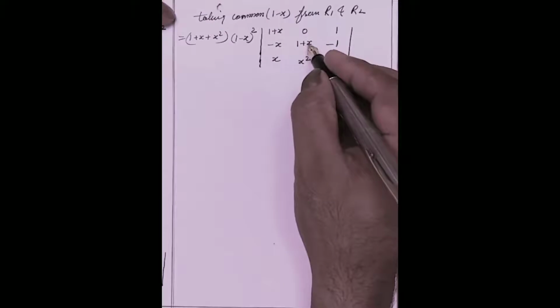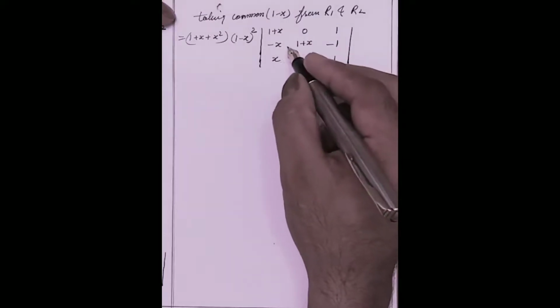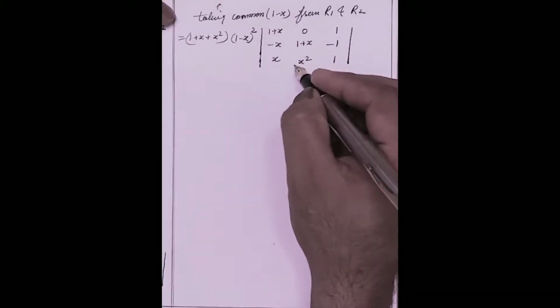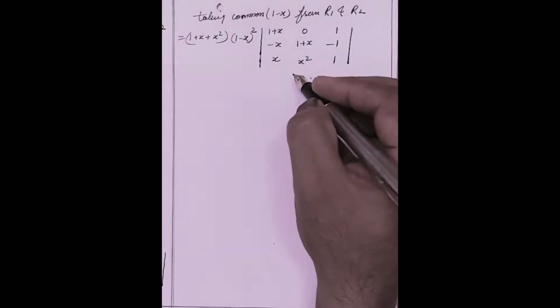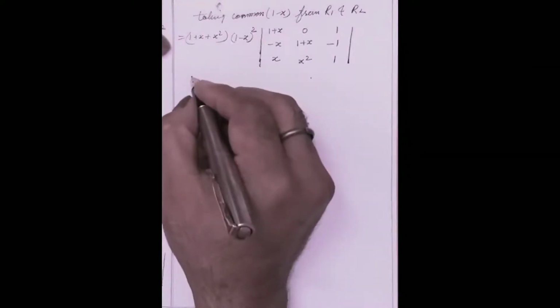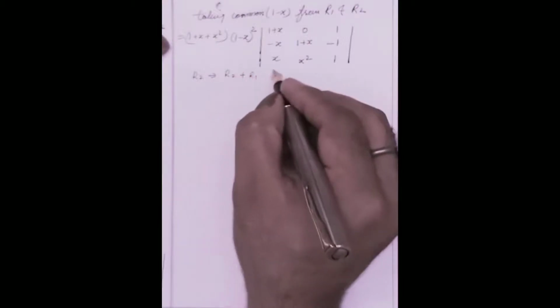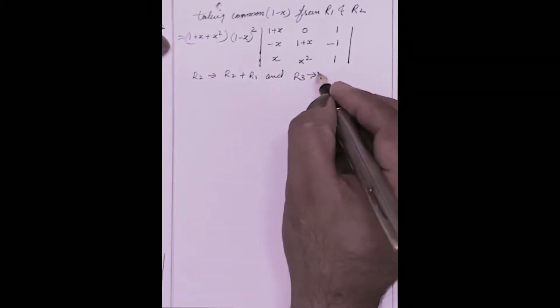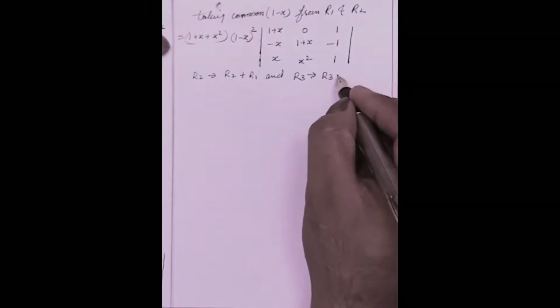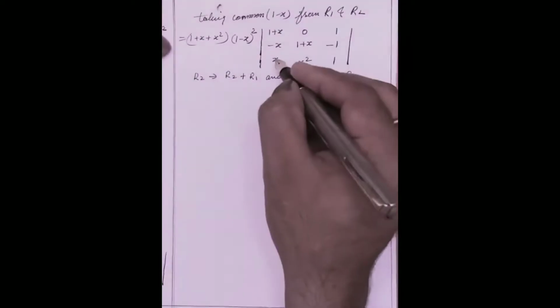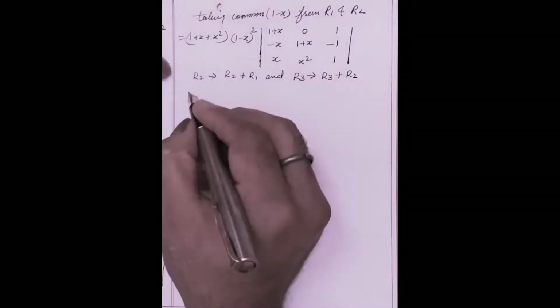And if we add these two, r3 can be changed. So what we are going to write here: r2 will change with the help of r2 plus r1, and r3 will also change with the help of r3 plus r2. Why? Because of minus x this thing and minus 1 this thing.